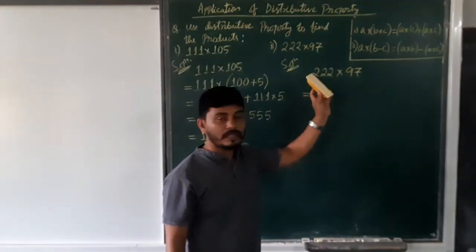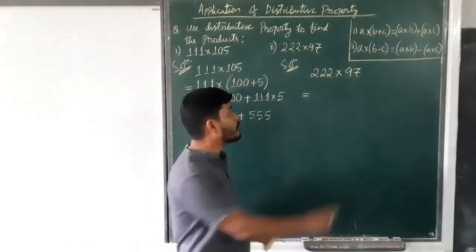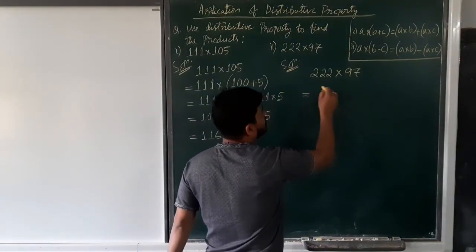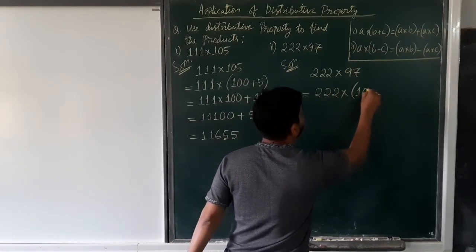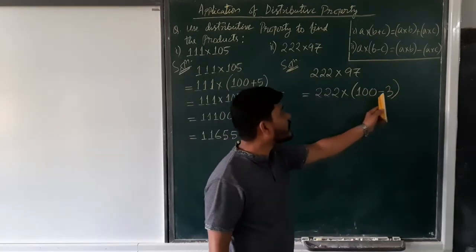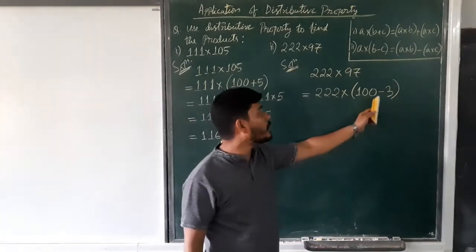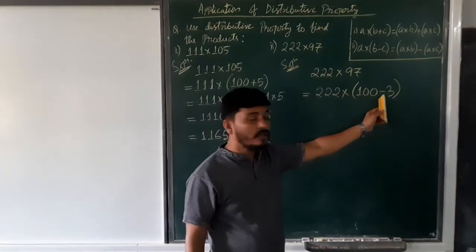So you check which number is nearer to 100. In this case 97 is nearer to 100, so this can be written as 100 minus 3. Now see, 100 minus 3 is 97.